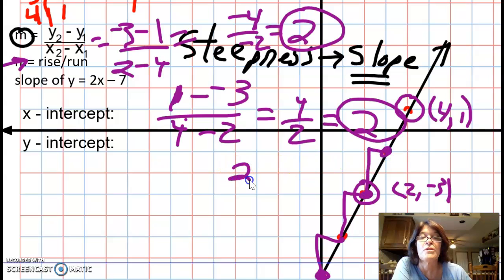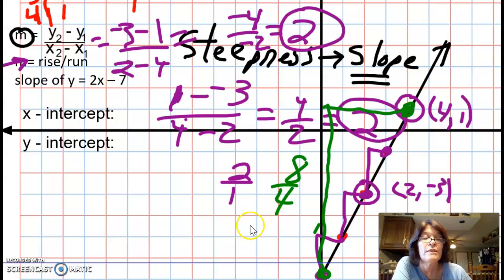So my slope is 2 over 1. Or maybe you picked this point, but to this point, you're trying to see how far you have to go up and over. Well, I'd have to go up 1, 2, 3, 4, 5, 6, 7, 8, over 1, 2, 3, 4. That's 8 over 4. Well, 8 over 4 is also 2.